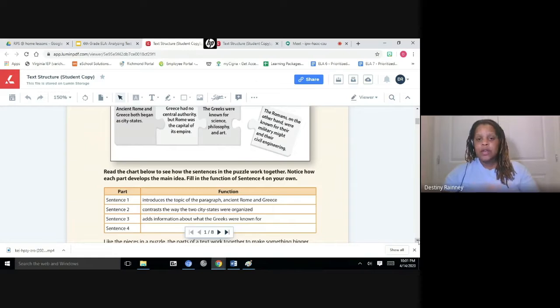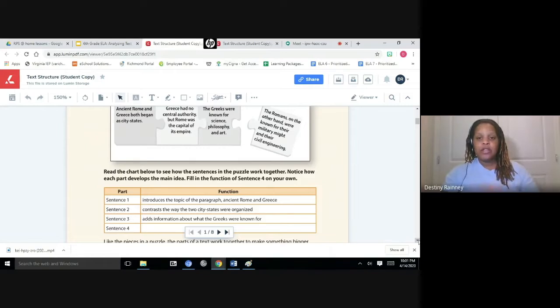Sentence two says Greece had no central authority, but Rome was the capital of its empire. It contrasts the way the two city states were organized, so it tells the difference. Sentence 3 adds information about what the Greeks were known for. And it says the Greeks were known for science, philosophy, and art.